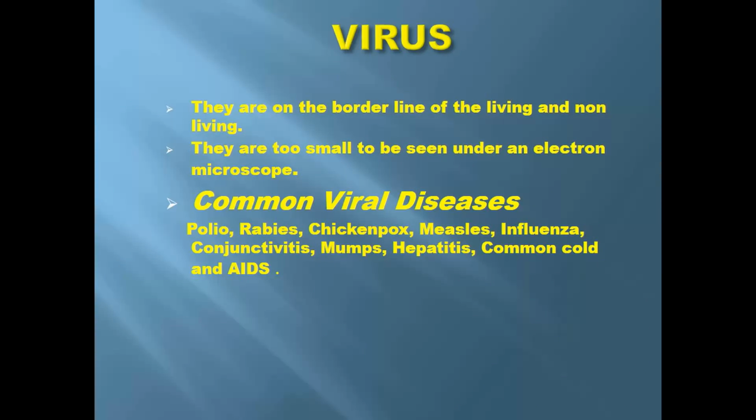Viruses are on the borderline of living and non-living organisms. They are too small to be seen except under an electron microscope. Thus, the common viral diseases are polio, rabies, chickenpox, measles, influenza, conjunctivitis, mumps, hepatitis, common cold, and AIDS.